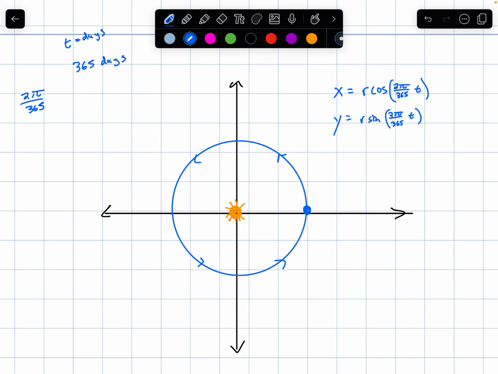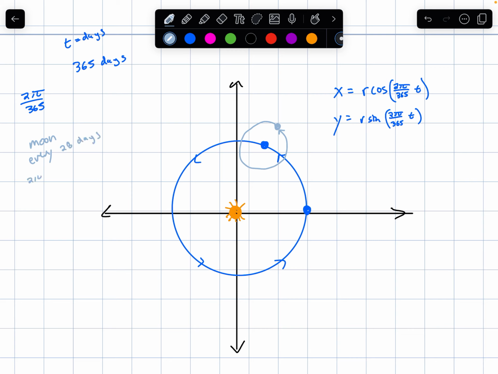But guess what? The Earth also has the moon. So let's do the moon here. And around the Earth goes the moon. Let's say it goes around every 28 days.